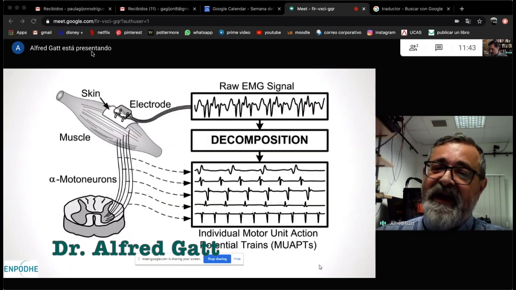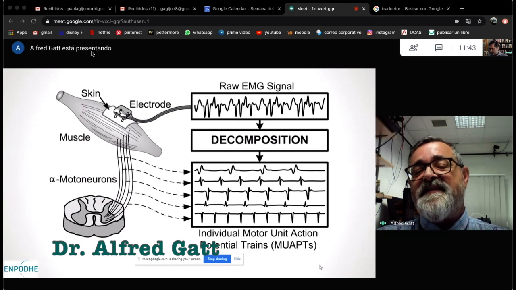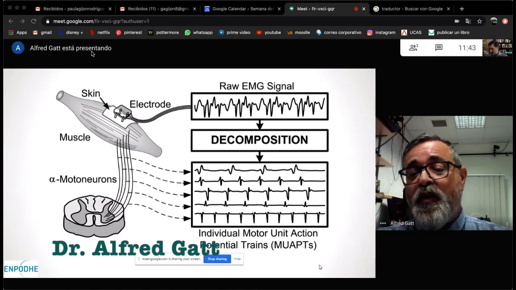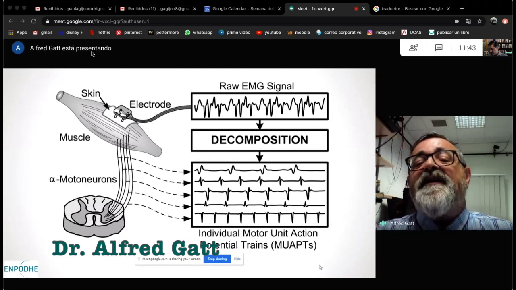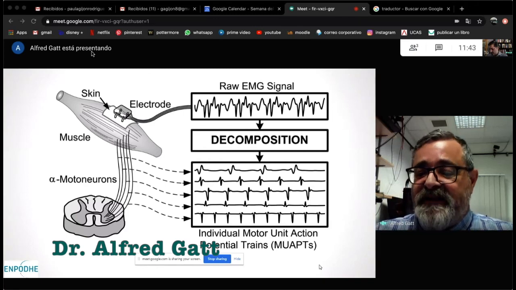So we have what we call the raw EMG signal, which, if we decompose it, becomes many hundreds of signals which are composed together to get our EMG signal.